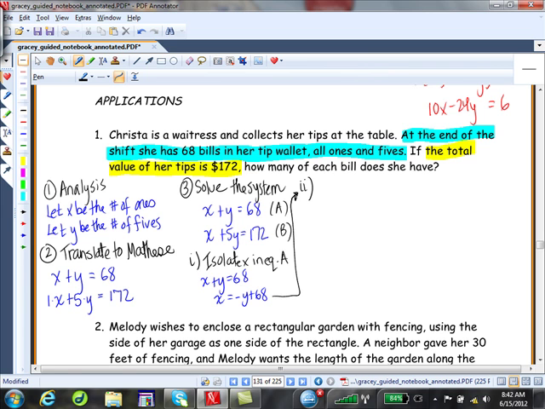We need to substitute x equals negative y plus 68 into equation B. And this will enable us to solve for y.